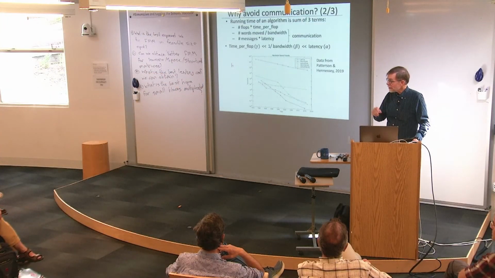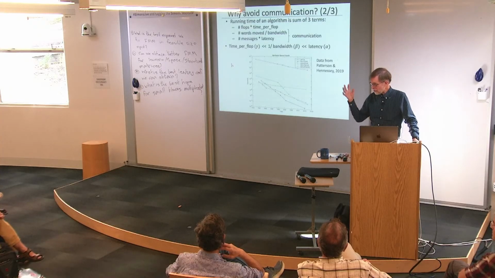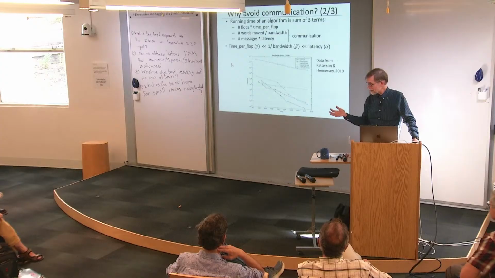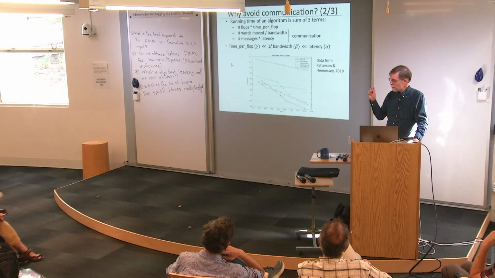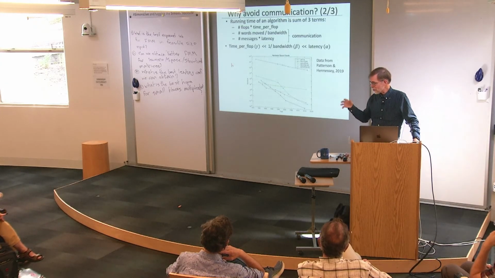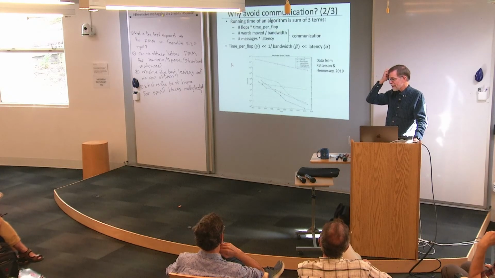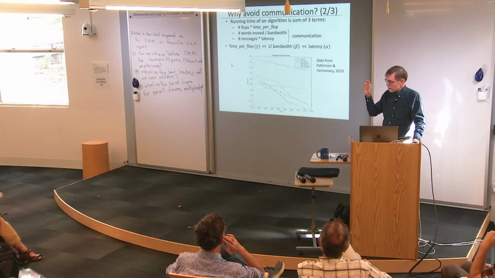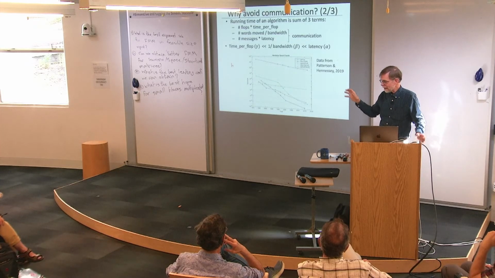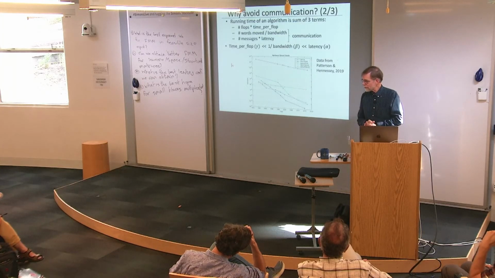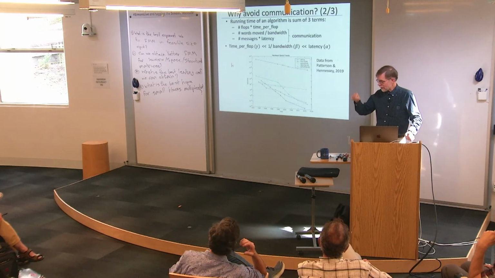As I said, bandwidth is the cost per word, and I made the physics analogy to the freeway, if that makes sense. Whereas if you call MPI, the standard programming system in which you send messages in a distributed memory computer, you call MPI send, and it takes a bunch of words that you've passed in and sends them all at once as a message, as opposed to sending it word by word.